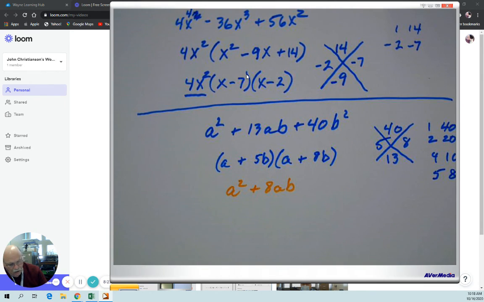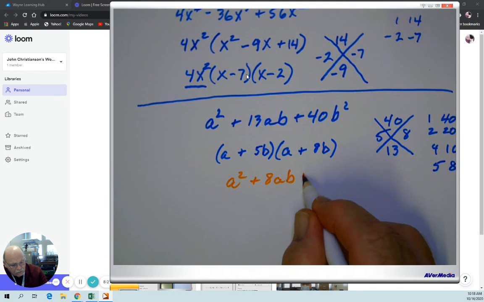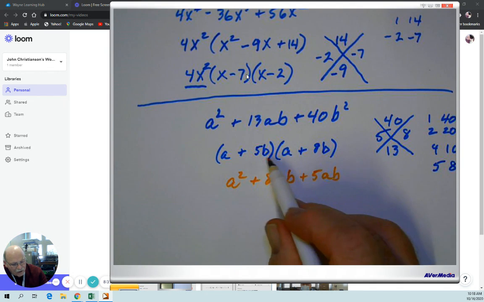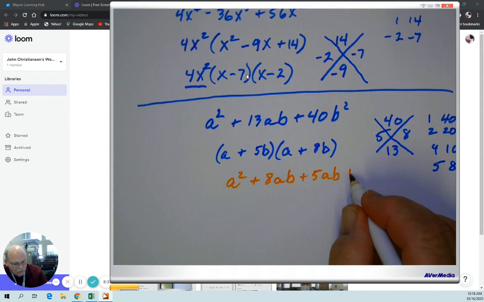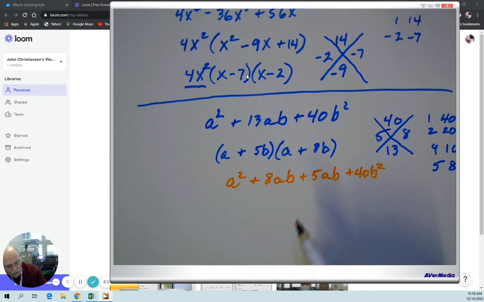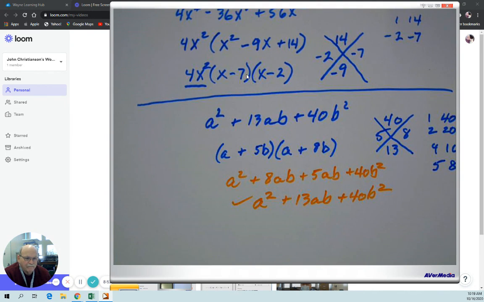And then we go to 5b times a, which is 5ab, and 5b times 8b, which is plus 40b squared. And then we put these two terms in the middle together, and we get a squared plus 13ab plus 40b squared, and that works, right?